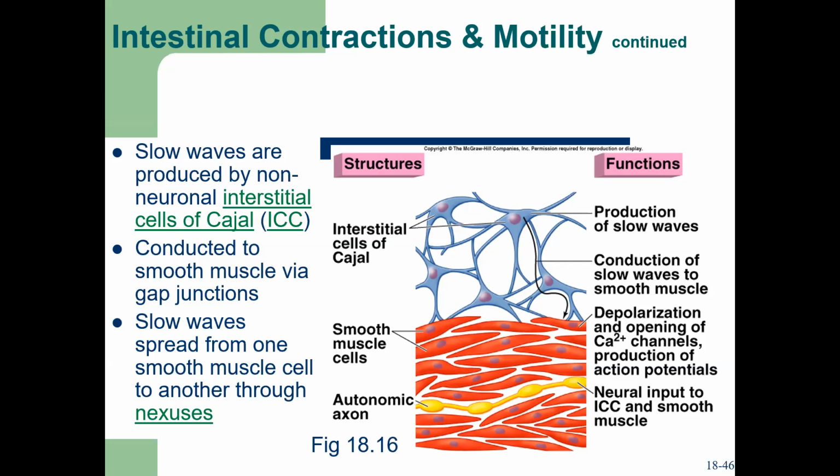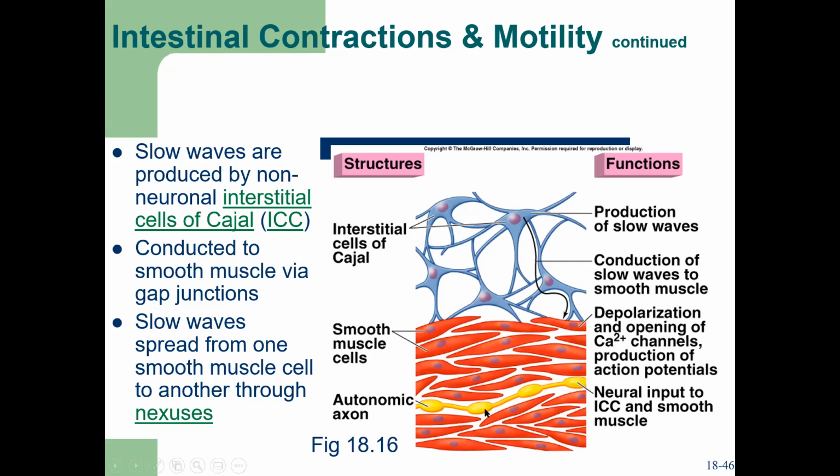Action potentials from the extrinsic nervous system will cause depolarization of the smooth muscle cells by opening a different set of voltage-gated calcium channels. When these extrinsically triggered depolarizations are combined with the slow wave depolarizations, now they will reach the threshold to trigger peristaltic contractions. And notice that the autonomic nerves have these varicosities as the action potential passes down these nerves.